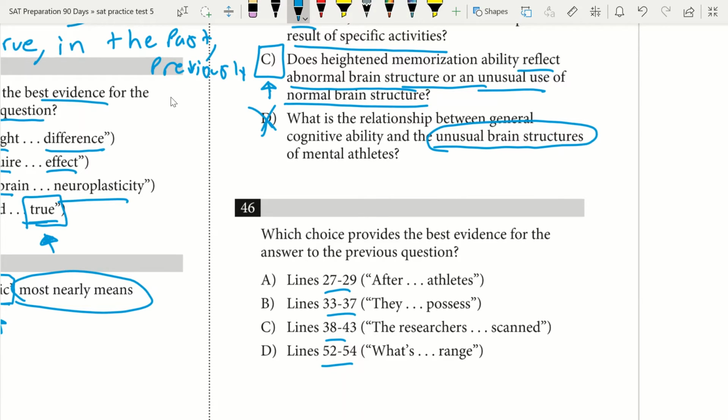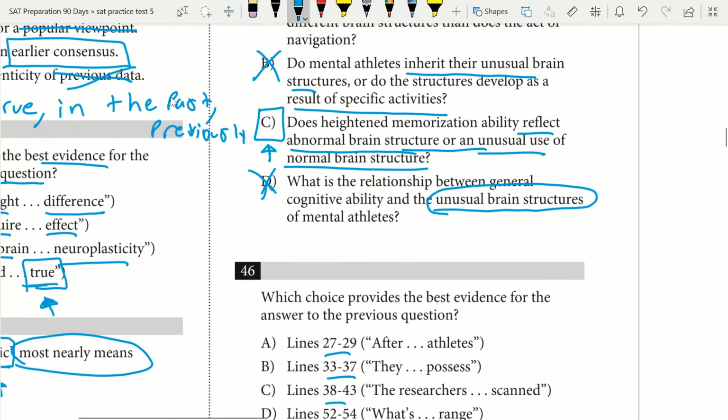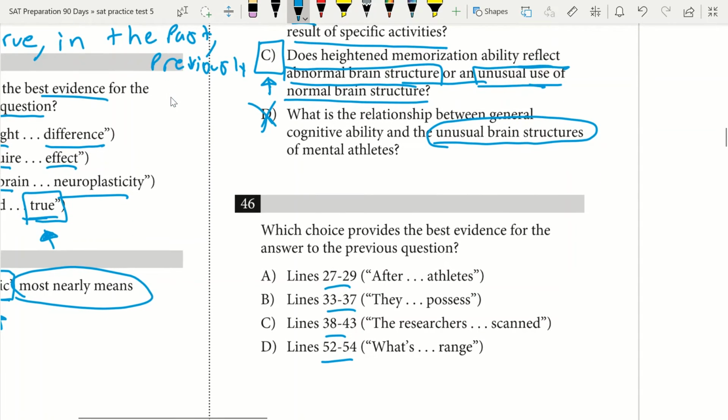All right, so the key thing that I'm seeing here for question 45 is the fact that we're talking about an abnormal brain structure in one versus an unusual use of brain structure. So I would look for something that's talking about the brain possessing or having some strange or varying weight or largeness or size, or something in how they're using the brain.